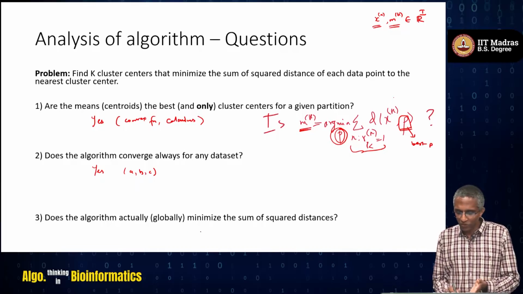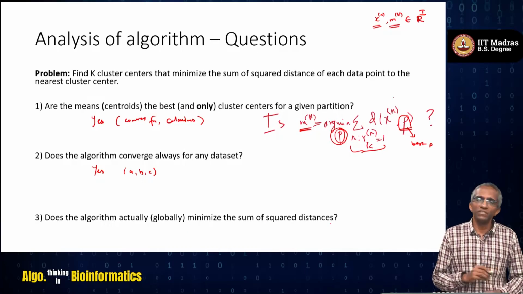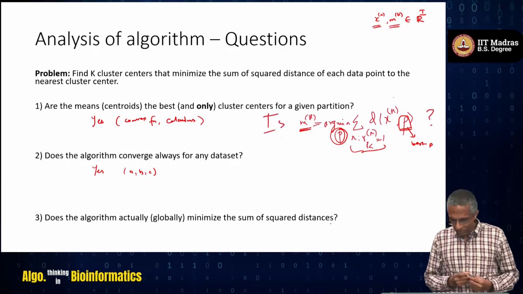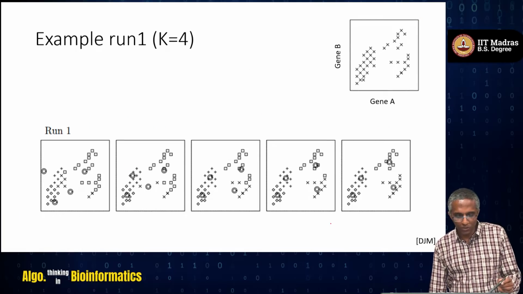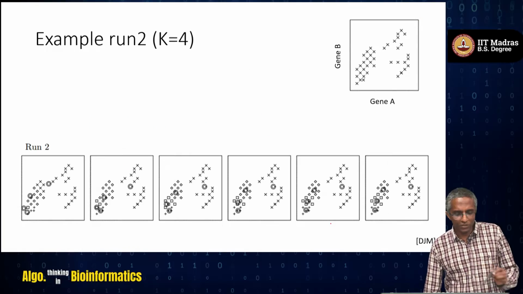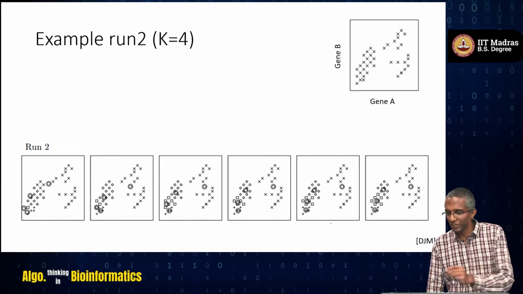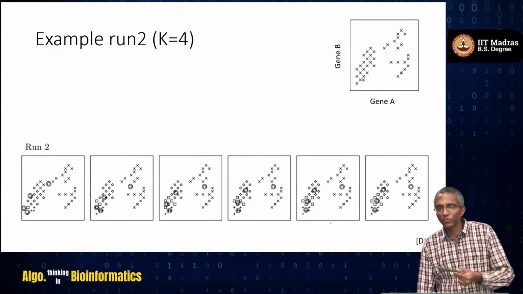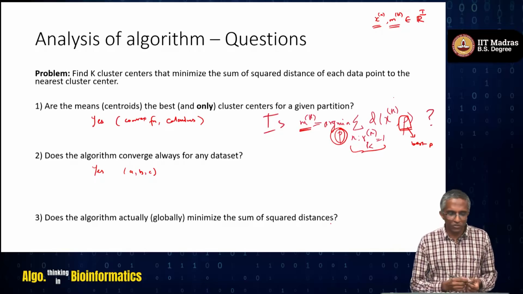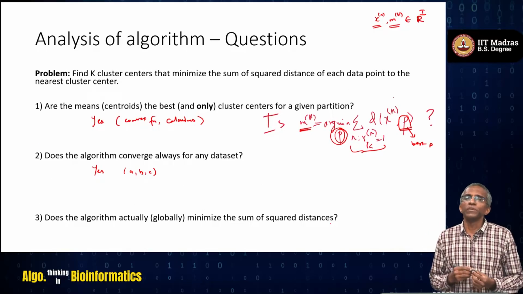Finally, does the algorithm actually globally minimize the sum of squared distances? This is an easier argument to make. We just gave you this example that depending on run 1 where the centers are spread out versus run 2 where the centers are grouped together, you get different answers, right. So what the algorithm is achieving is some form of local minima, and it's not finding the global minima.